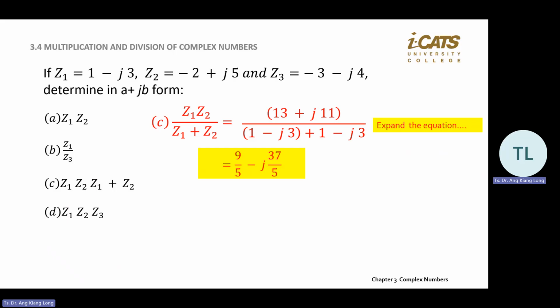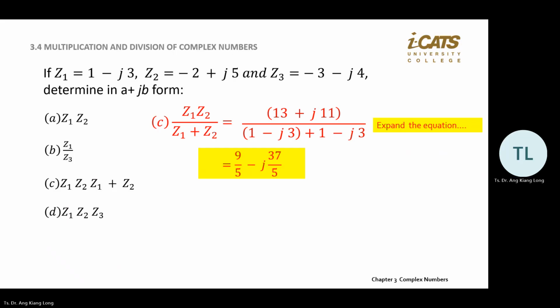Okay, the top one needs to multiply. Minus 3, minus 6j, minus j, minus 2j squared. So, 13.